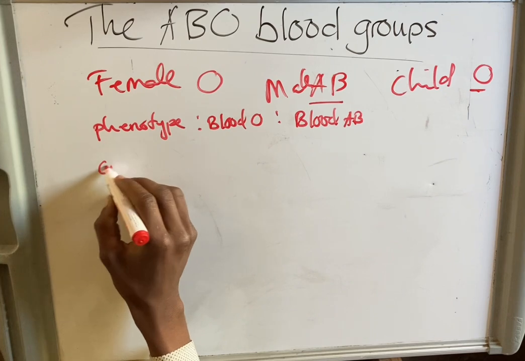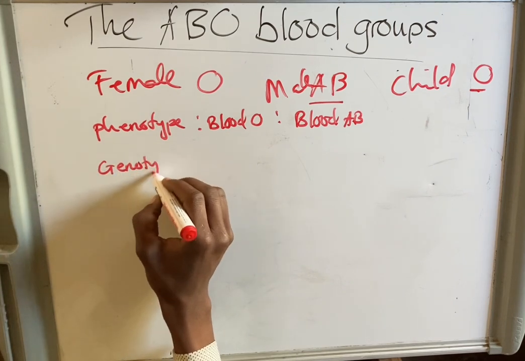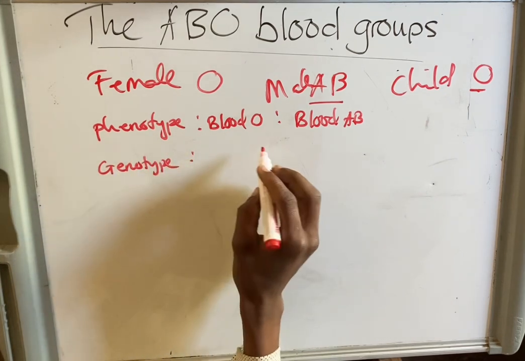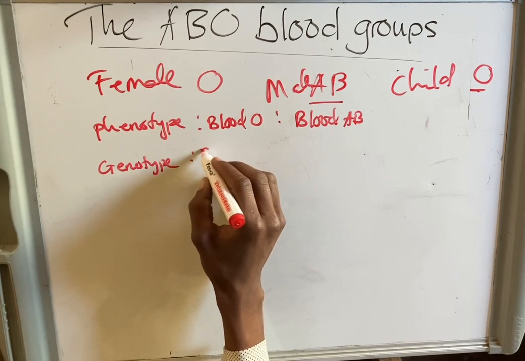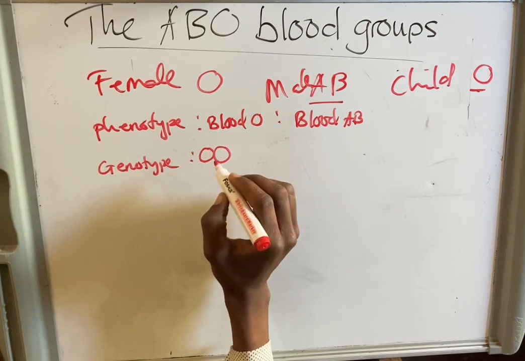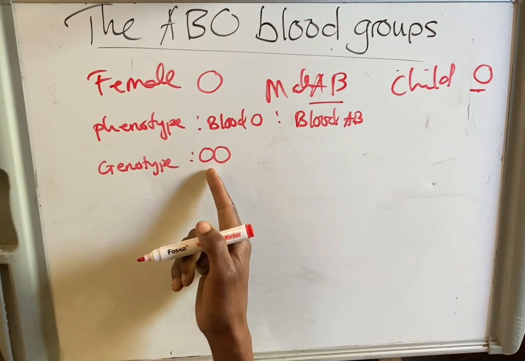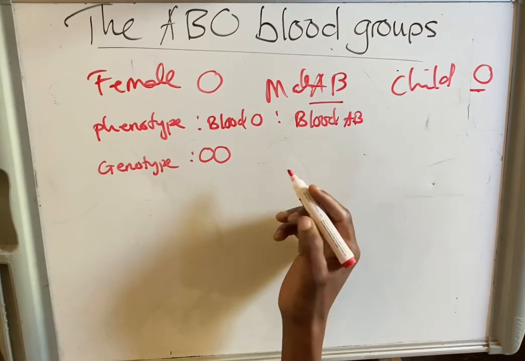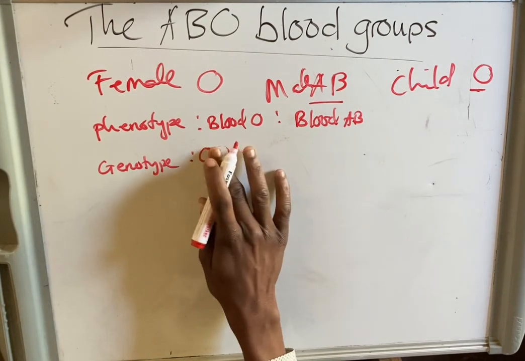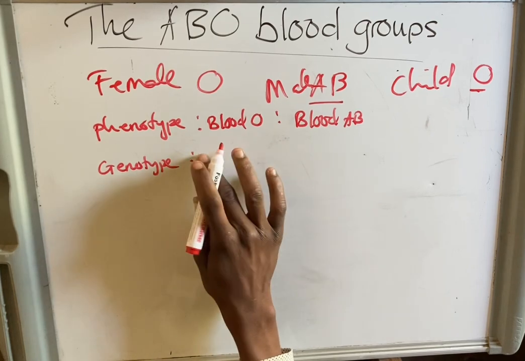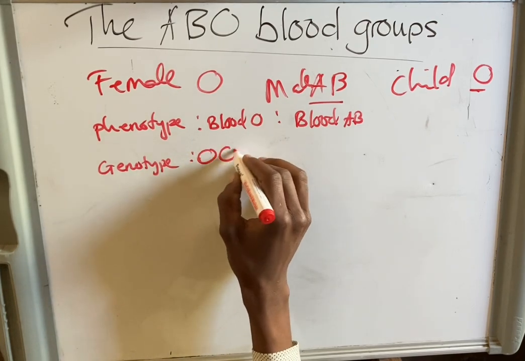The genotype of parents. O is always recessive, so it can only have one possible existence, only this O. There should be a small space between them.